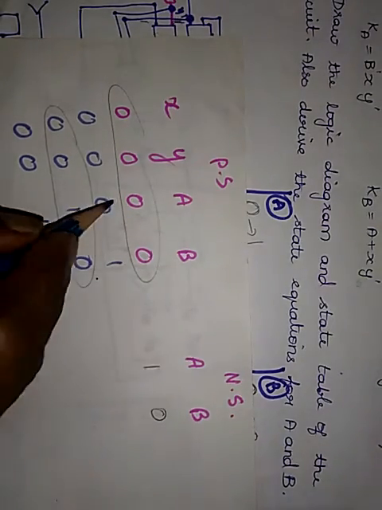So now we know AB present state, AB next state as 1, 0. Likewise, you try to fill up all the 16 states. Once you have done all the 16 states, you can form the truth table and you can get the circuit diagram, digital circuit diagram. That's the method. Hope you have understood how I have designed this.